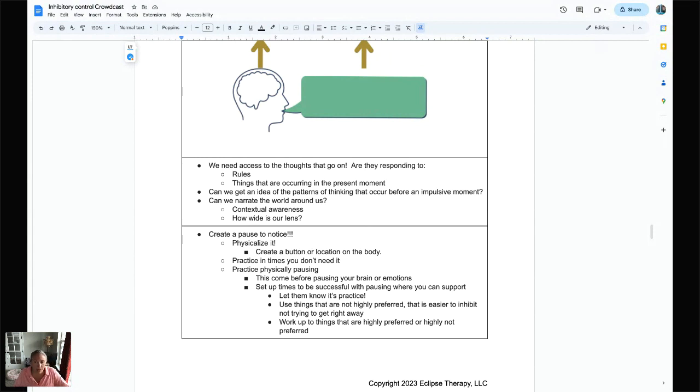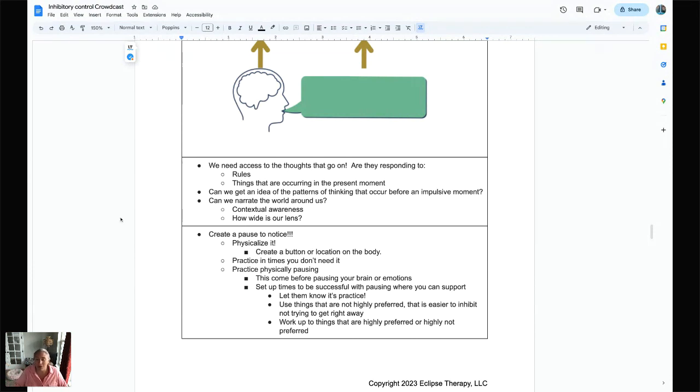And try to do it with things that are kind of easier to inhibit with, right? Like don't pick highly preferred things where, if video games are out and you walk out of the room, they're going to play them, right? Like start with a banana or something, think about things that are less preferred, so that inhibiting is easier, right? If that super excited emotion shows up, even though it's a light emotion, but it's really big, it might get kind of hard to carry.